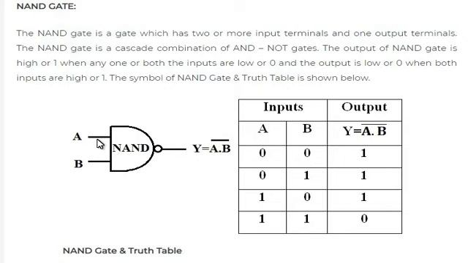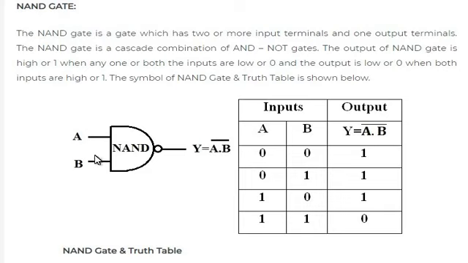see, A is equal to 0, B is equal to 1 and their product will be 0. And as there is a complement, the complement of 0 will be 1. In the third case, A is equal to 1, B is equal to 0, then the product will be 0. Again the complement of 0 will be 1.